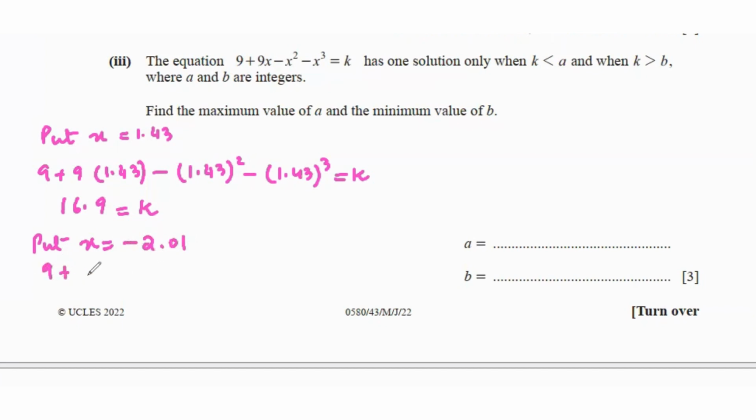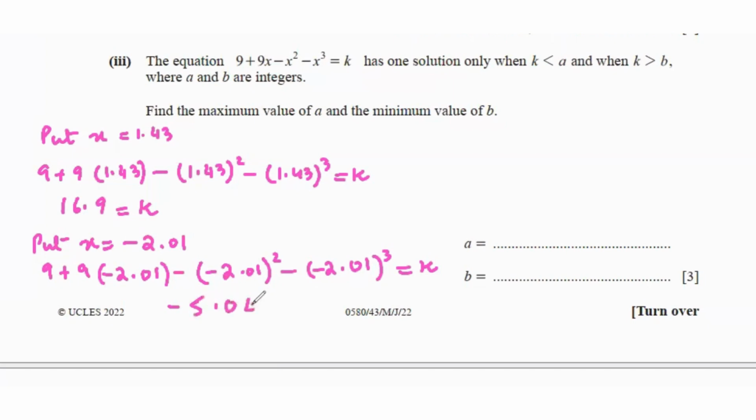So 9 plus 9 times negative 2.01 minus negative 2.01 squared minus negative 2.01 cubed equals k. Let's see what the value is going to be for this. You get negative 5.04 for k for this one.